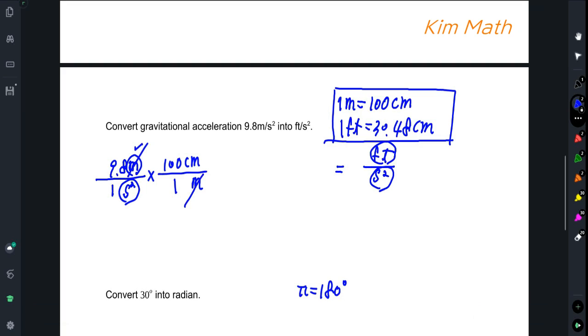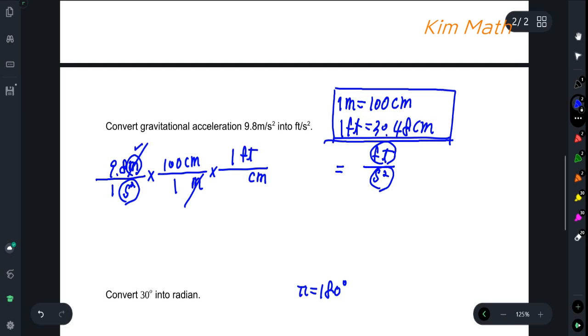Still, I have centimeters in our numerator. So for the next unit fraction, to cancel out these centimeters, I must have a centimeter here. Now you can use this one, right? 1 foot equals 30.48 centimeters.